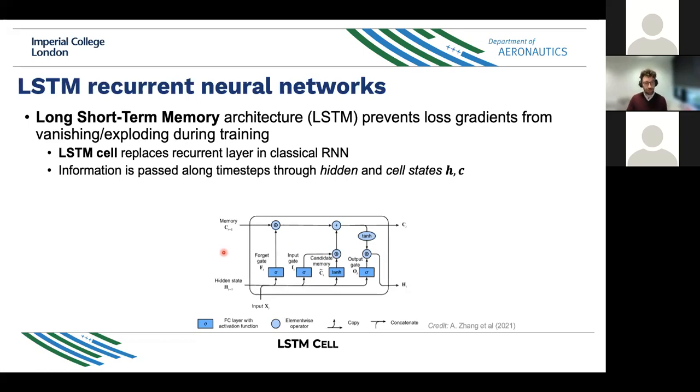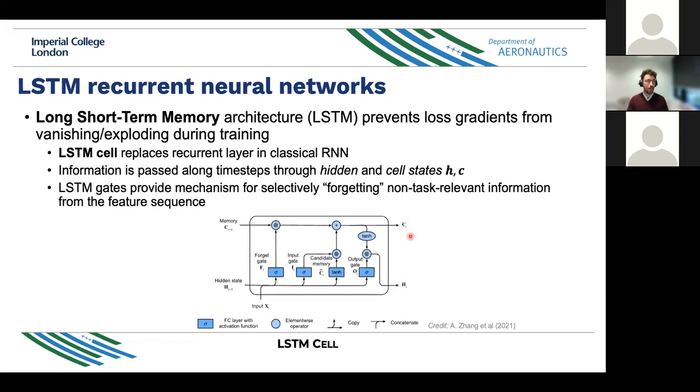The task-relevant information, so the information that helps us to decrease the loss during training, is passed along the time steps through the hidden and cell states, which are vectors of fixed length. The LSTM gates, so the layers inside the cell, provide mechanisms for selectively forgetting information or emphasizing other types of information, which helps to prevent the divergence of the gradient.